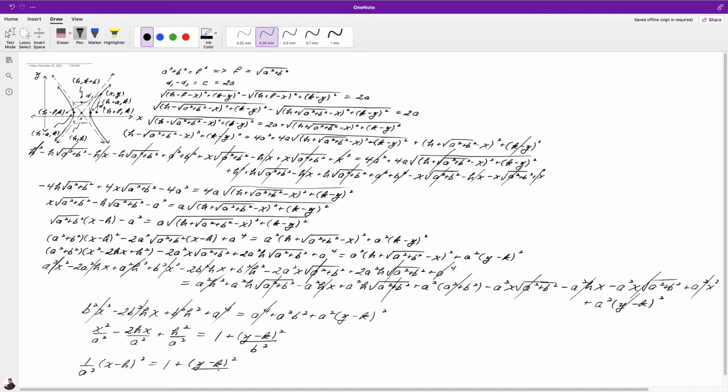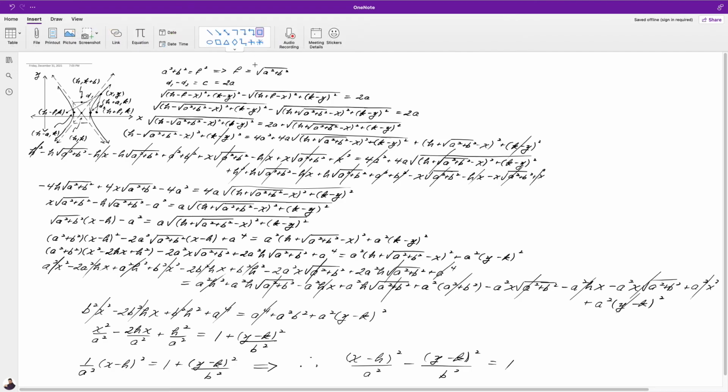This, of course, is going to stay the same. And we are done. Okay, subtracting this term over to the other side, we have our generalized equation of a hyperbola, x minus h all squared over a squared minus the quantity y minus k all squared over b squared is equal to 1.